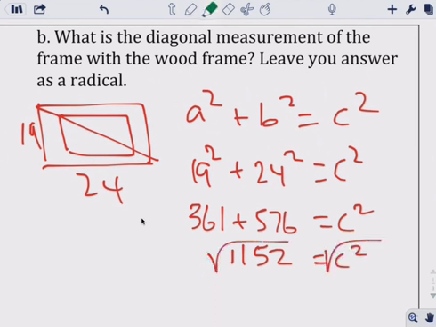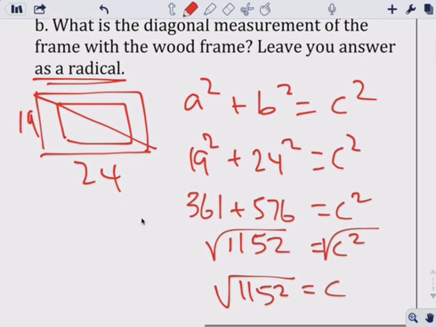Okay, now be careful here. It says to leave your answer as a radical. So try the square root of 1152 on your calculator. It is not a perfect square. I'm going to test it anyway to make sure. Nope, it's not, so we're going to leave it in radical form.